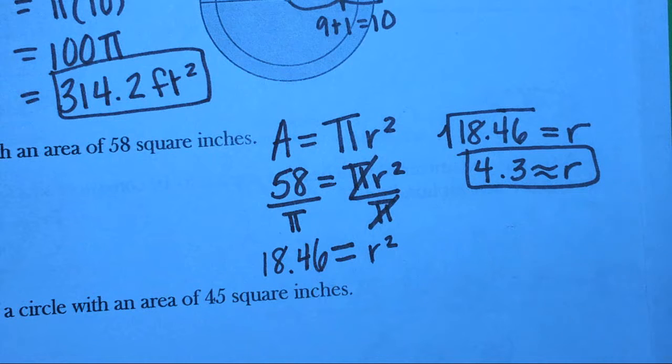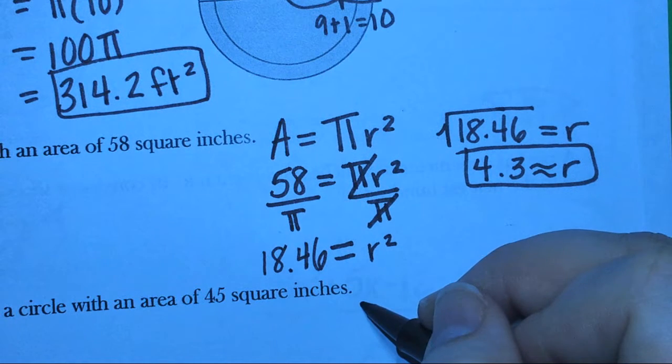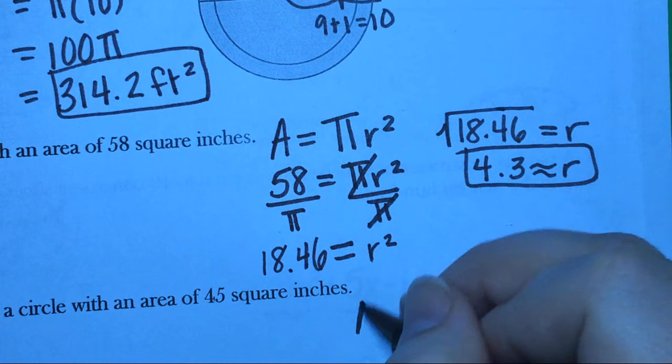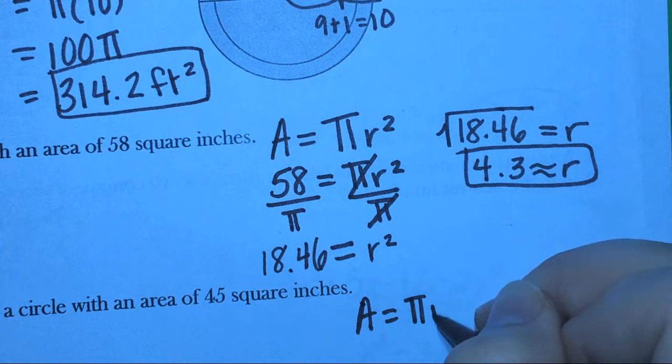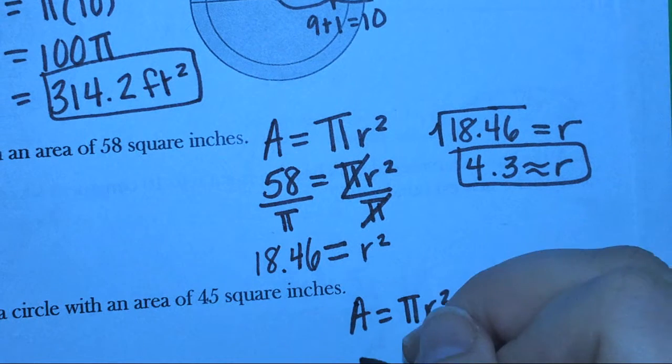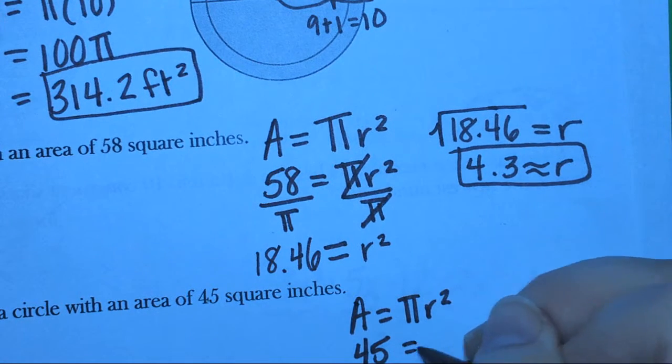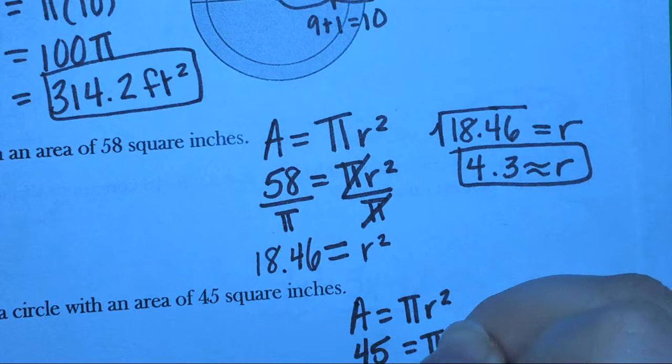Okay, you go ahead and try the next one. It's the same thing. We've given the area, we need to solve for the radius. When you've got it, go ahead and tell it to me.